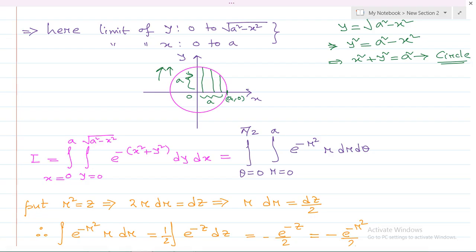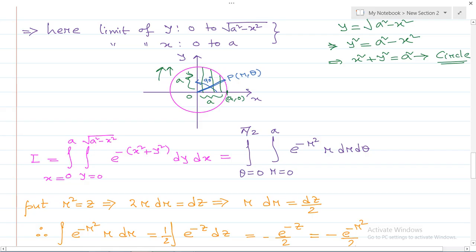Now how to get the values in terms of r and theta? Similarly to the previous problem, here we have to make a straight line from 0. This is the point P having coordinates (r, theta). So how to get this whole region? The whole region can be obtained if we rotate theta from 0 degree to pi by 2, because this is 90 degrees, right?